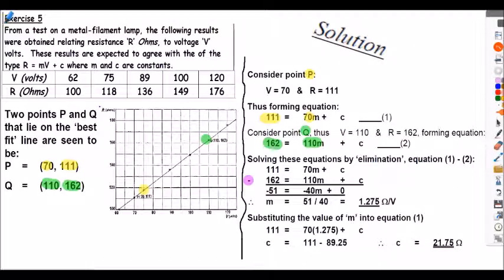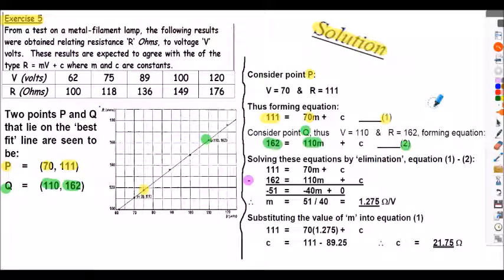Exercise 5 repeated here, but this is the analytical solution. So in this solution, we're going to take 2 points labelled P and Q on the sketch and solve for the values of gradient M and intercept constant C. The process we use for generating the 2 equations, one labelled here, 2 labelled here, is very similar to that we used previously.